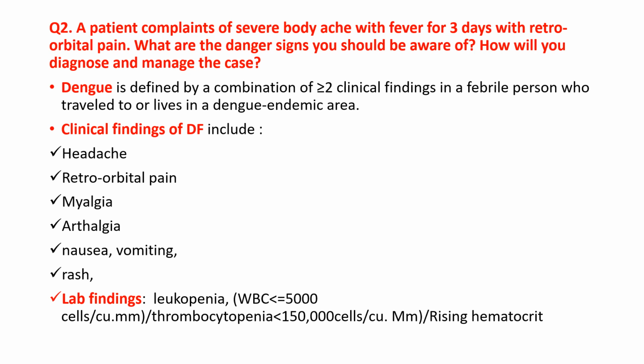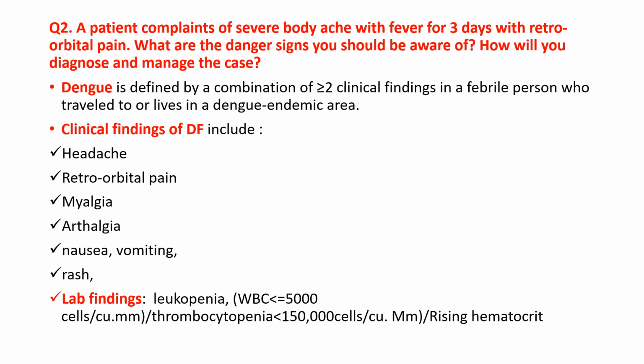What you have to mention is that dengue is defined by a combination of more than 2 clinical findings in a febrile person who has, preferably, a travel history of visiting dengue endemic areas. And what are the clinical findings of dengue fever?